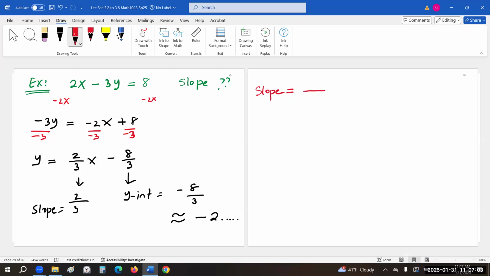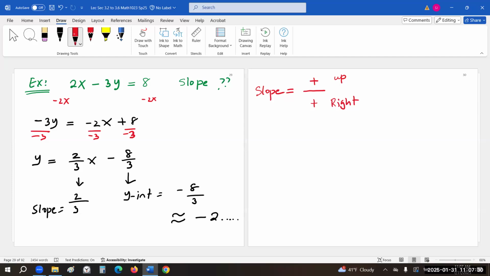If your slope has a plus number on the top, we are going to walk from the y-intercept upwards. If your slope has a plus sign on the bottom, that means once you go up, we are going to go right from that step.